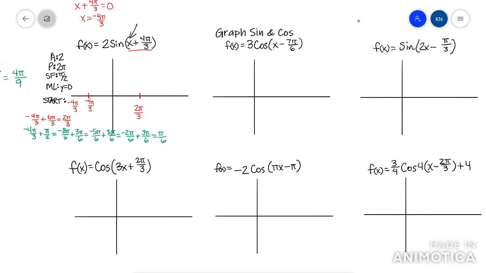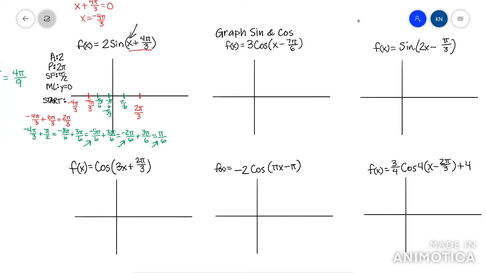I'm going to have one at negative 5 pi over 6, one at negative 2 pi over 6, which is really negative pi over 3 (you should be reducing these as you go), and one at positive pi over 6. So these are my locations.